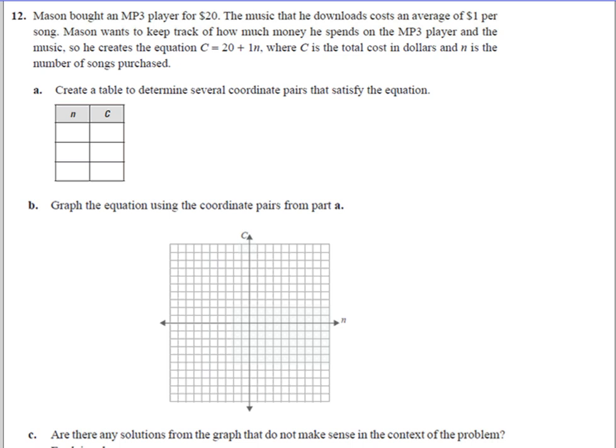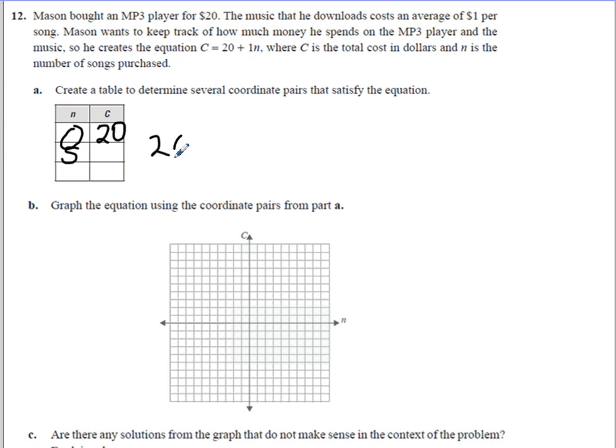So to determine several coordinate pairs that satisfy this, we can start off with an easy one. We know if he doesn't buy any songs, it's going to cost him $20. And then if he buys 5 songs, we would plug that in.